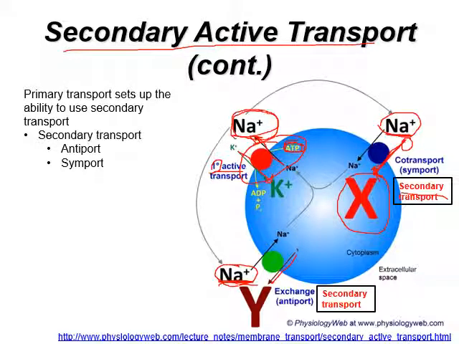So the sodium potassium pump fuels a lot of these transporters, among other things we will see later on in the semester. So this is a very important protein. Again, sodium potassium pump: when you see sodium moving out, potassium moving in, and you see ATP there, that's going to tell you this protein is the sodium potassium pump.